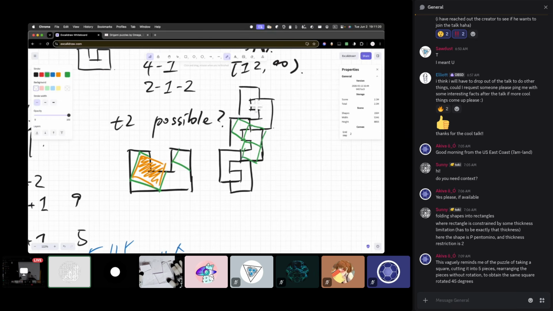I don't know if this is clear enough, I hope it is. What this means is that when you fold it into a square by just following the creases on one of these shapes, it works.